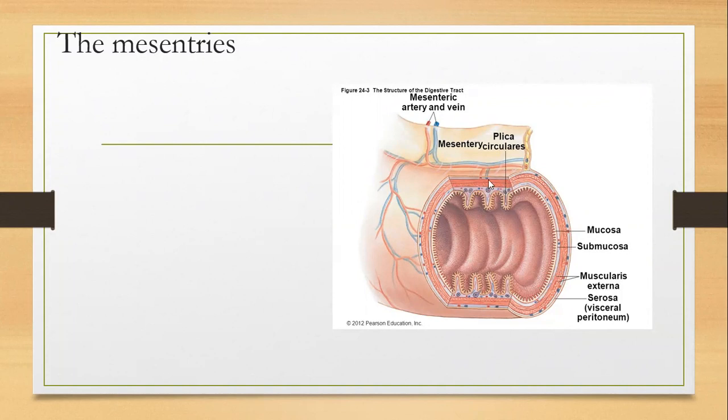Next to it, we have the longitudinal muscles. So these two make up the muscularis externa. Now, surrounding that, we have the serosa here. And the serosa is made up of epithelial cells, which secrete some serosal fluids so that they help in lubrication.